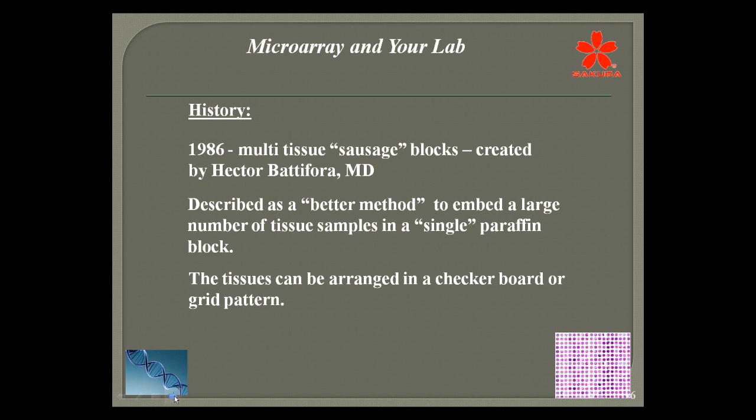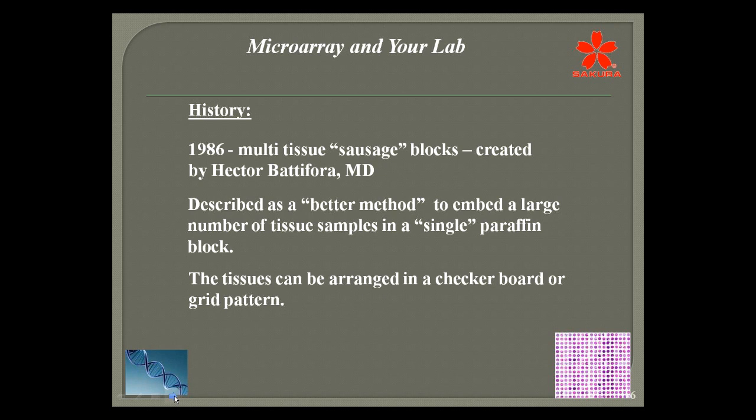The history begins, somewhat at least, in 1986 when multi-tissue sausage blocks were created by Dr. Hector Battifora, MD, a pathologist, and he created some array slides, and he described it as a better method to embed a large number of tissue samples in a single paraffin block.